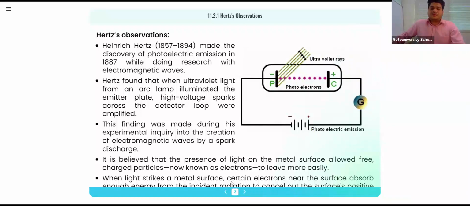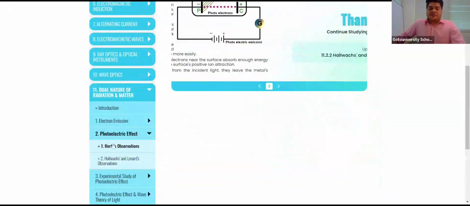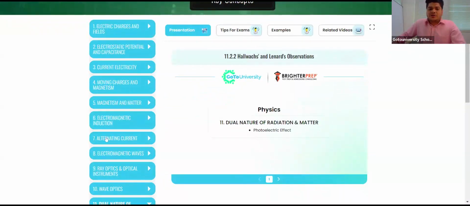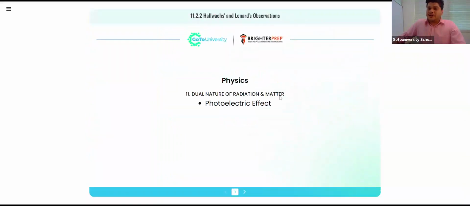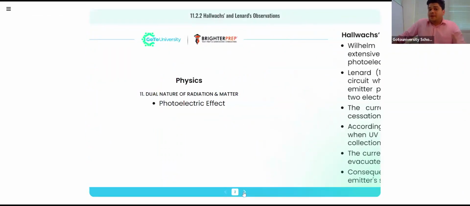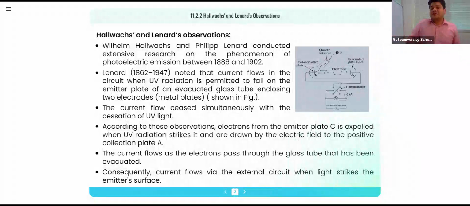After that, there were two more scientists named Hallwachs and Lenard. They were performing an experiment. They knew what was happening, but they were not able to explain it.